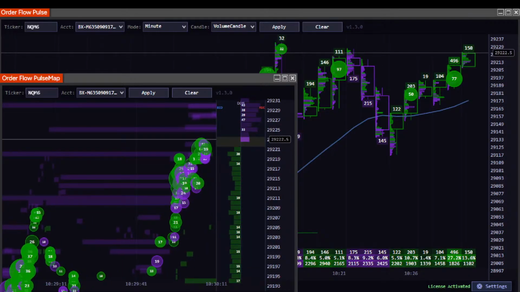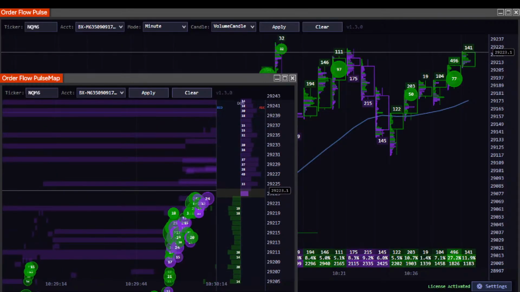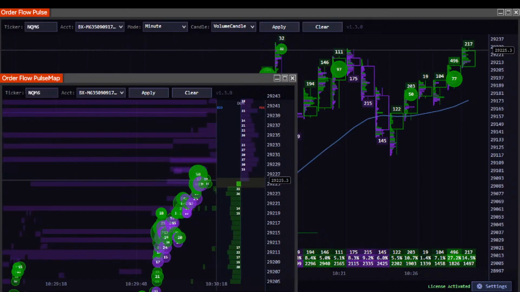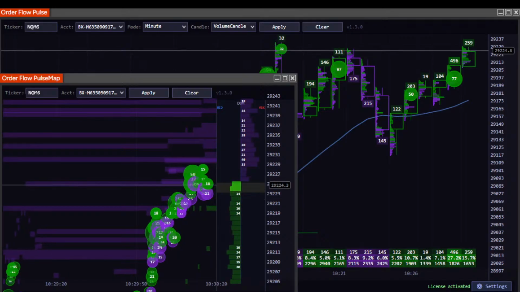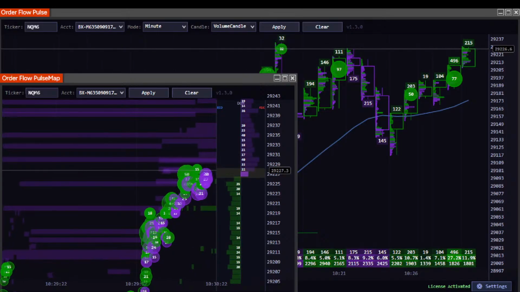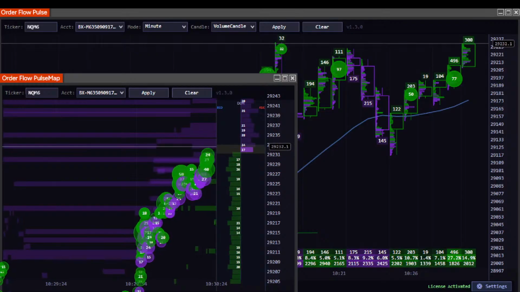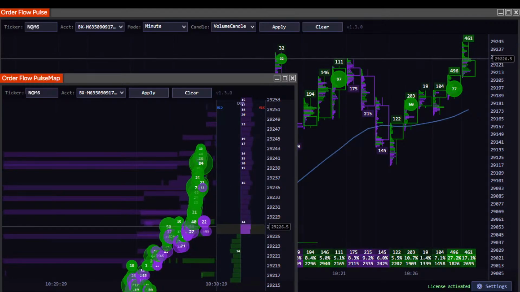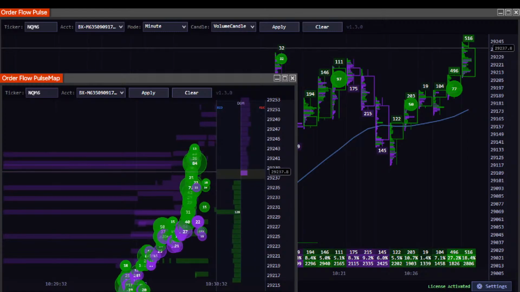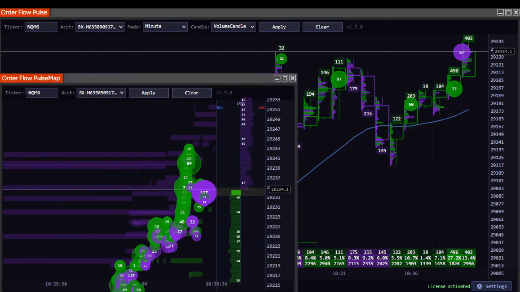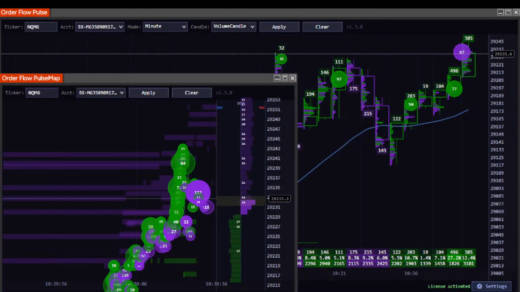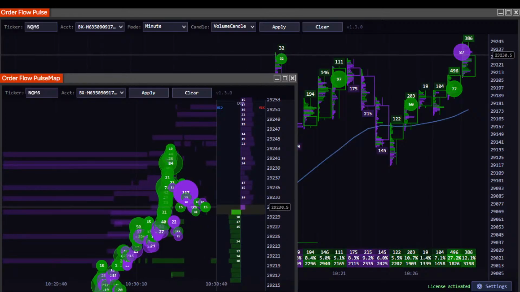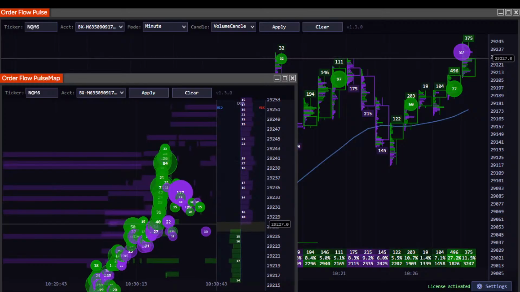Oh, and the drawing tool is still enabled. I am thinking I'm gonna modify my auto trader strategy stops.